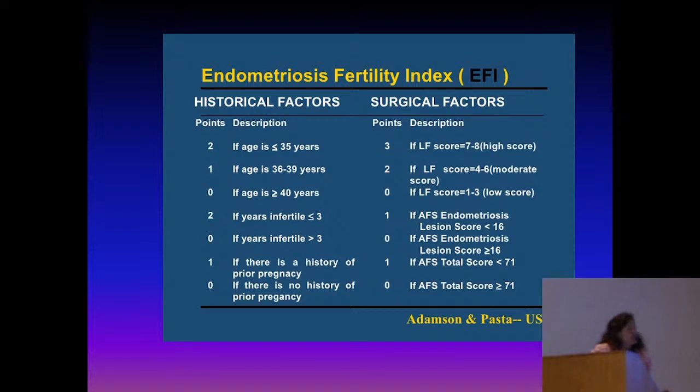So a surgeon who's skilled can tell, after the surgery, should they go straight to IVF or do you give them a chance. And these factors are based a lot on the function of the tubes, if the tubes are functional or not. And you get a higher score if they look totally normal or if they're not. It depends on adhesions too.